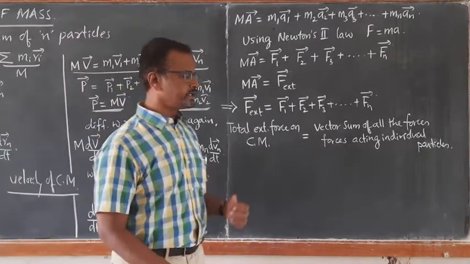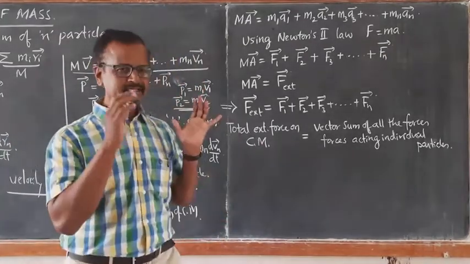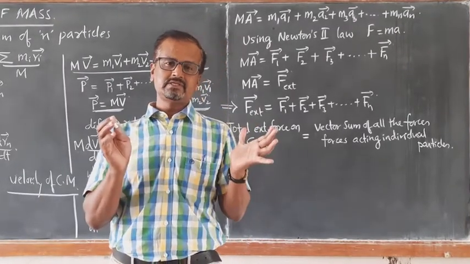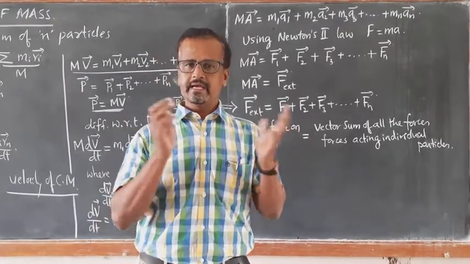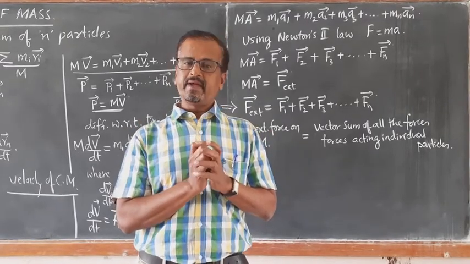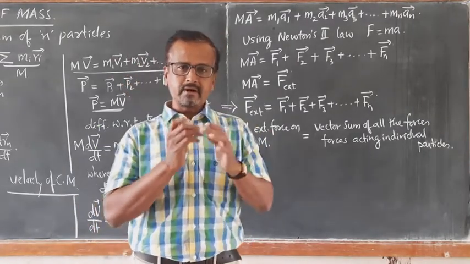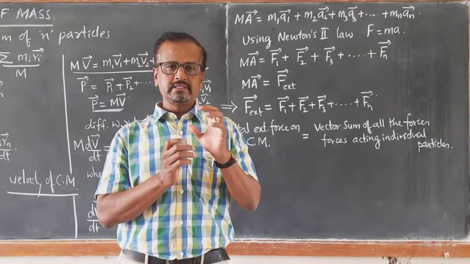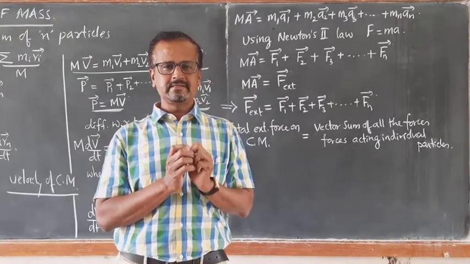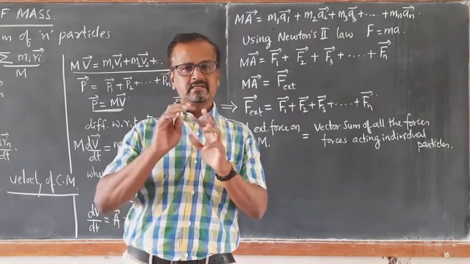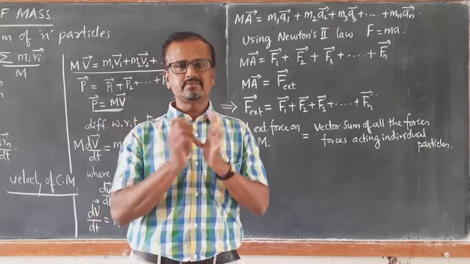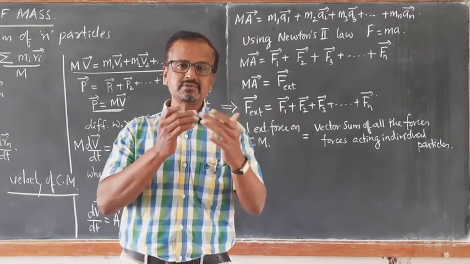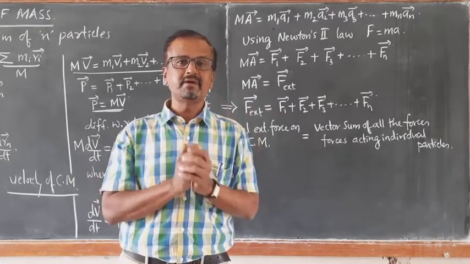Now, one more thing you need to understand. Whenever there is a system of n number of particles, whenever the system is under motion or accelerated motion, then there will be interaction among the particles themselves. So, if you consider pairs of particles, first and second one, third and fourth one, fifth and sixth one, there will be internal forces existing between the pair of particles.